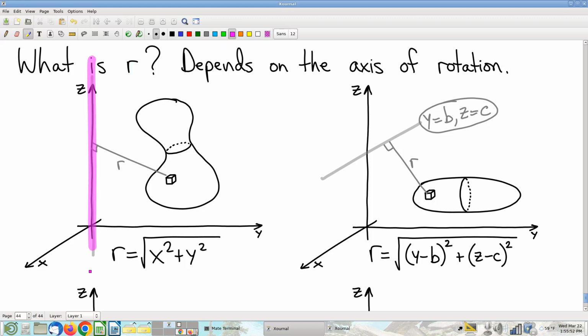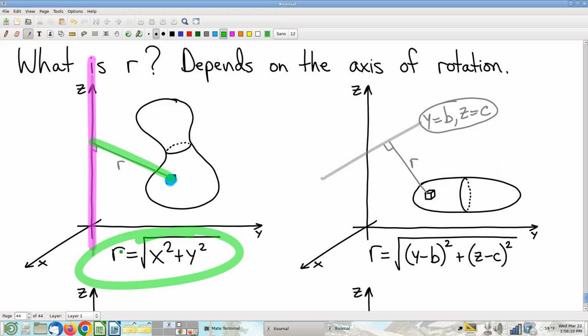If you're rotating around the z-axis, from some point, wherever you might happen to be, that distance there from that point to that line truly is the cylindrical coordinate R. It is exactly what you think it is, and we got lucky.